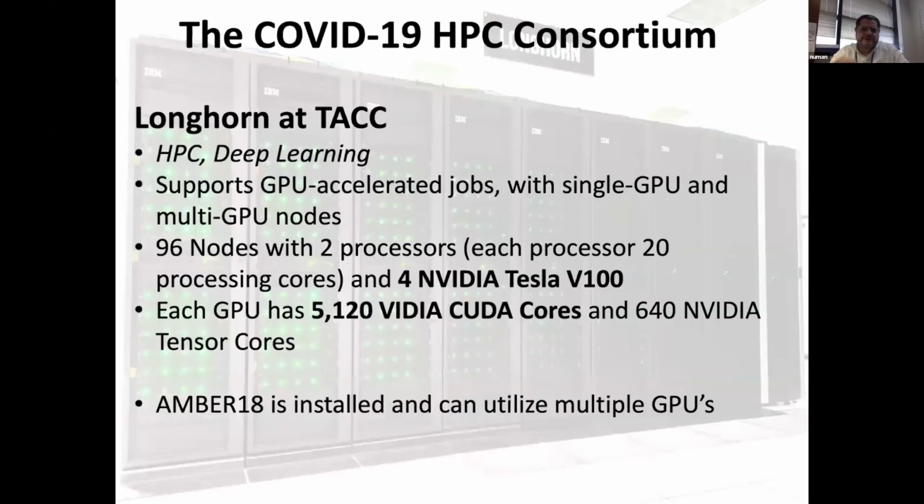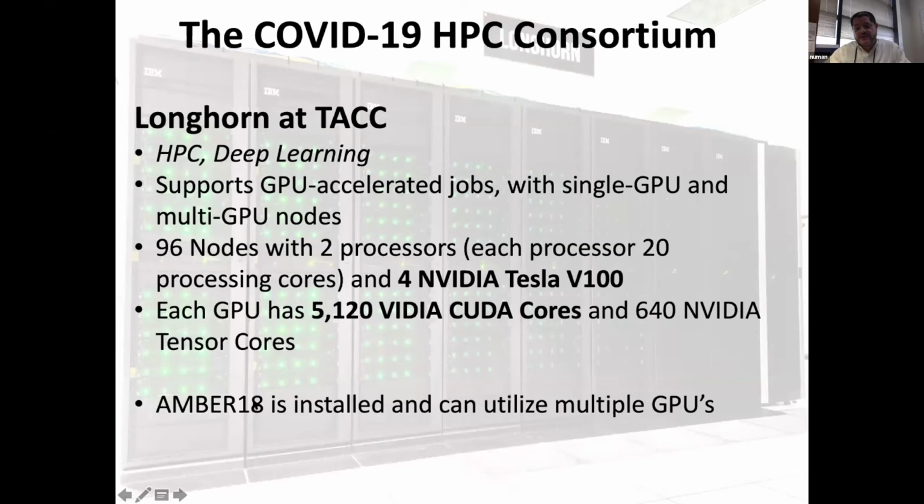To study this, I applied for large computational resources at the COVID-19 Research Consortium, and I got granted access to the Longhorn computer. This is actually designed for deep learning, which is why they have a lot of nodes, computation power and GPUs.